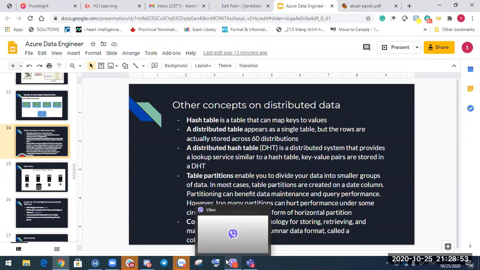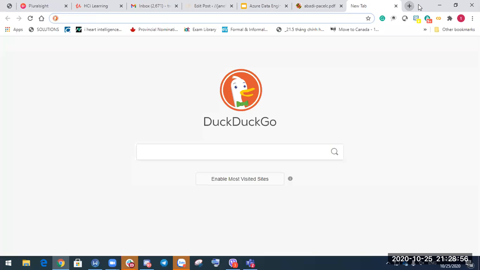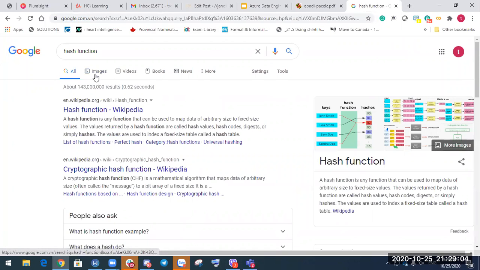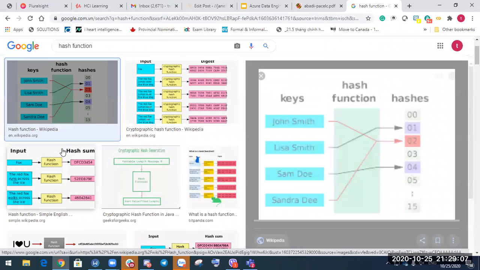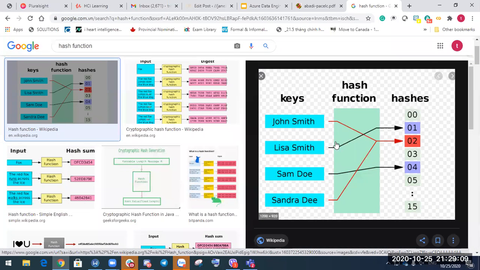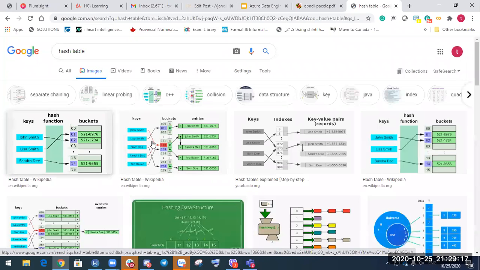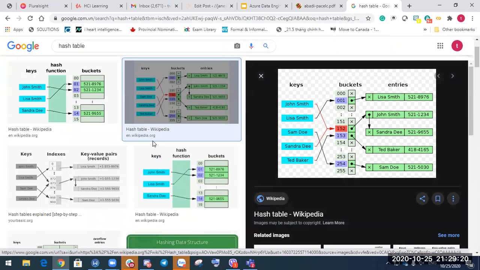Let me pull up a hash table too. Basically, a hash table is where you can map keys to values. There's a key and its value, and you map them to one another. That is a hash table.